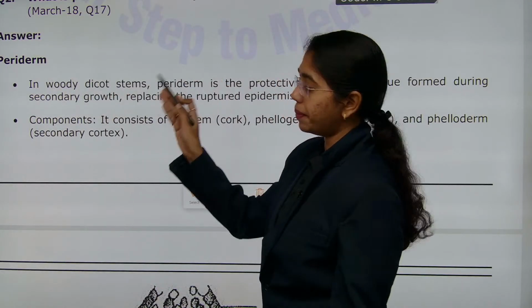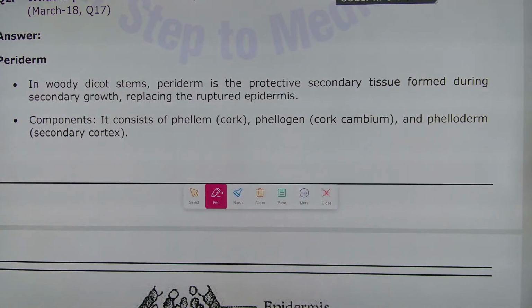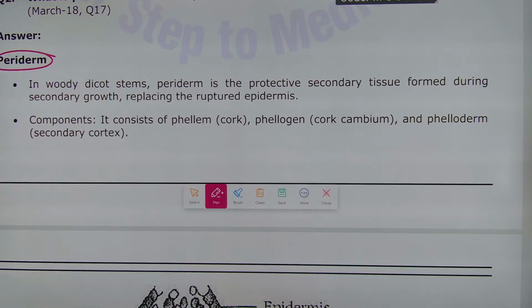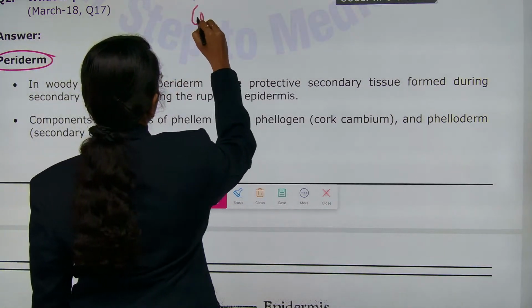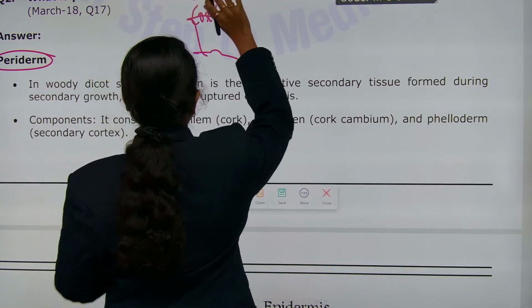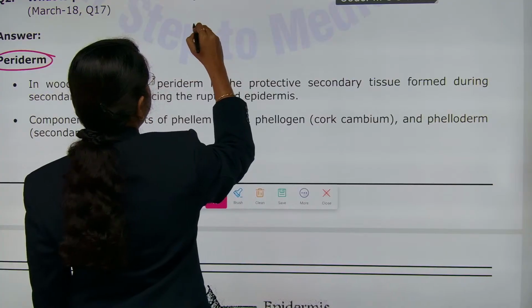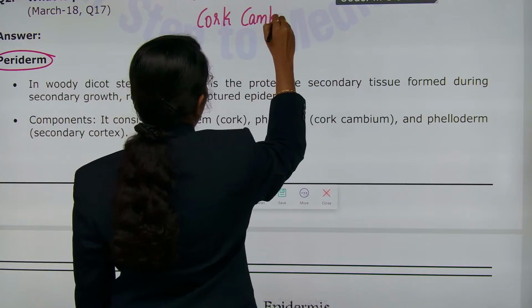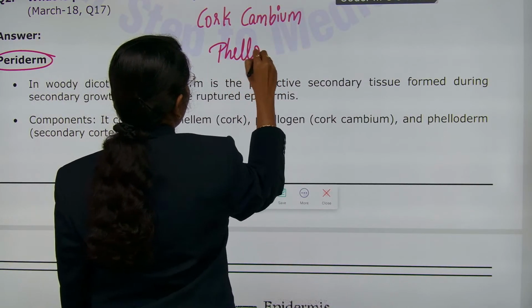But in brief, periderm is formed because of the activity of the cork cambium, which takes place in the cortex. Cork cambium is also addressed as phellogen.